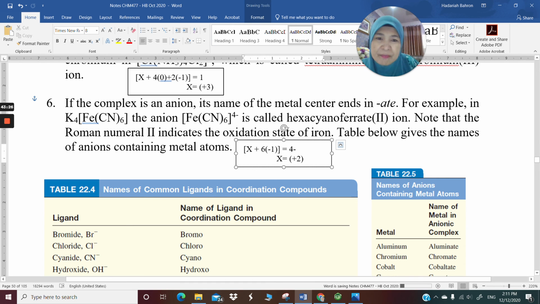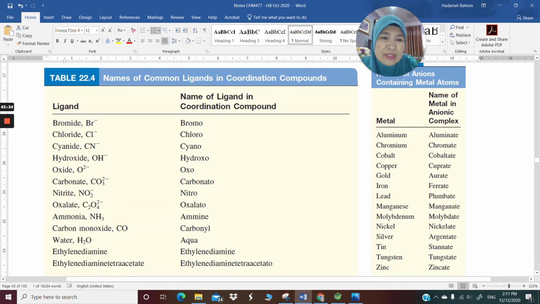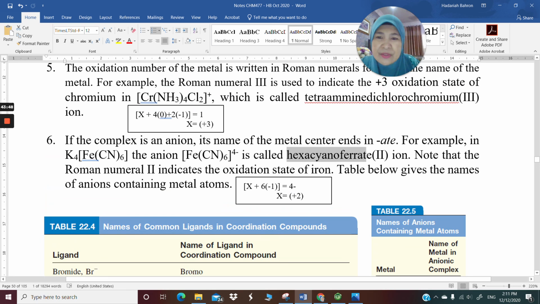So x is plus 2. So hexacyanoferrate 2, because iron, if it is in an anionic complex, is called ferrate. Yeah, ferrate.